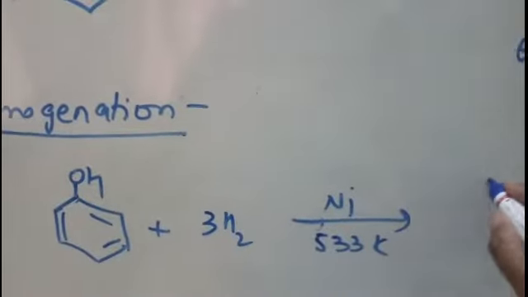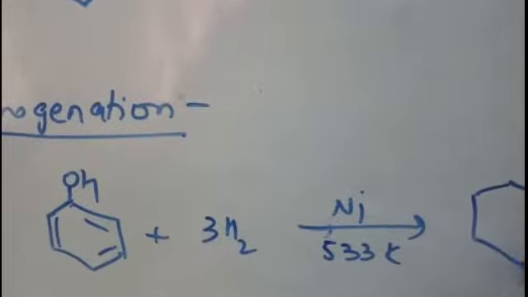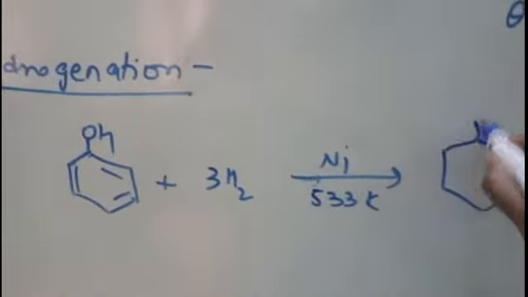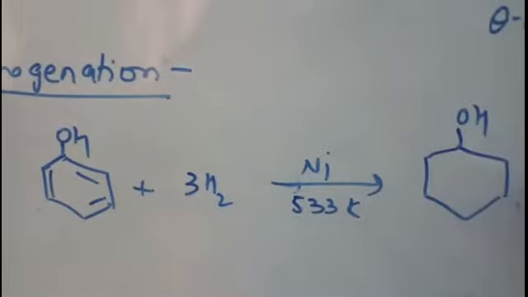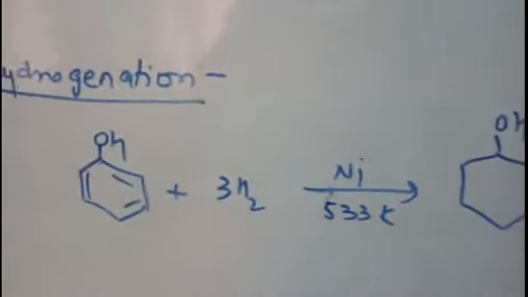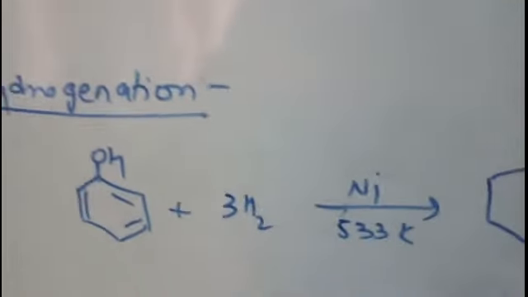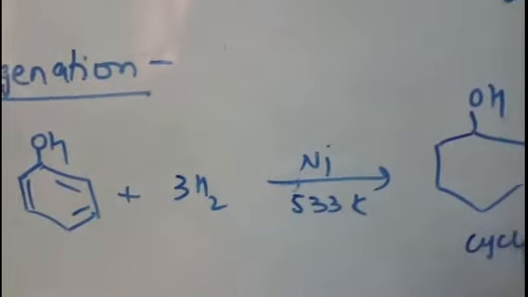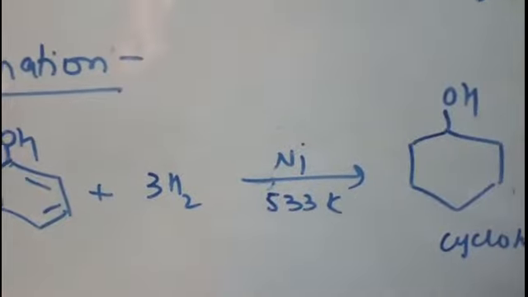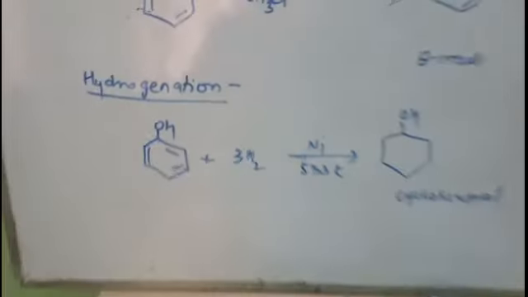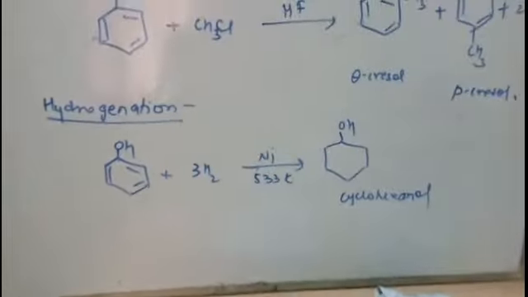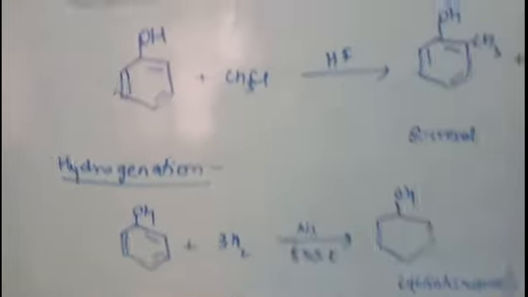Then on all these places the addition takes place and we get cyclohexanol. Right, cyclohexanol is formed. Hydrogen gets added across all the double bonds and we get cyclohexanol, that is hydrogenation. Now next come to oxidation.